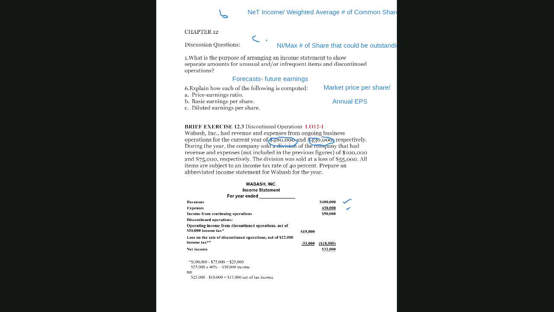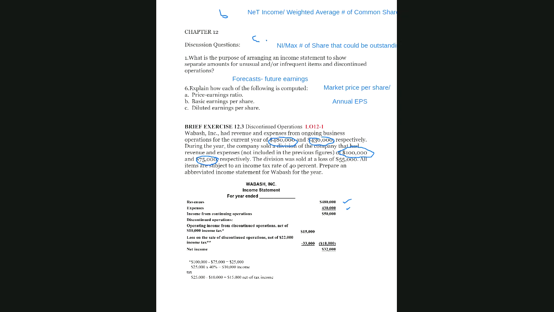Okay, now, during the year, the company sold a division of the company that had revenues and expenses not included in the previous figures, so they've already taken out the amounts that deal with discontinued operations. They have income from discontinued operations, revenues of $100,000 and expenses of $75,000.